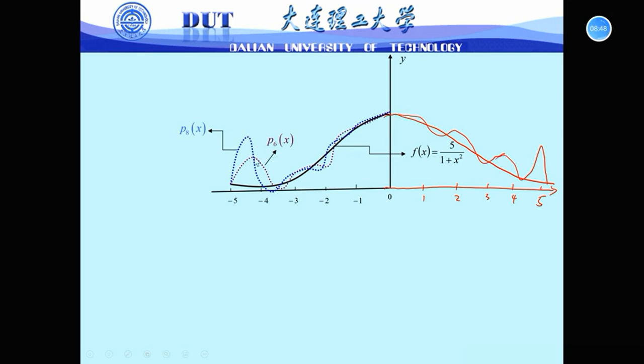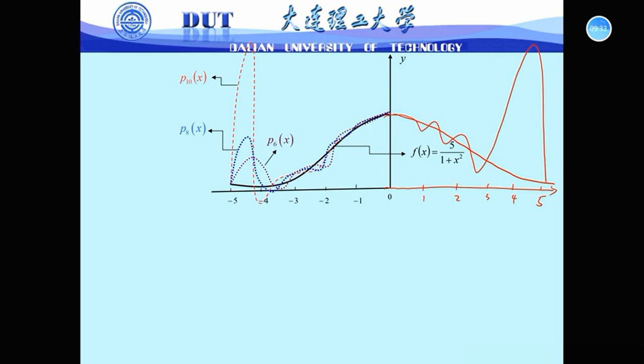Near the orange point the error is also small, but near the endpoint the error has increased. Now for P10, you see the error is amplified near the two endpoints. Actually, this is a symmetric curve, so I show you like this. It should be even bigger.